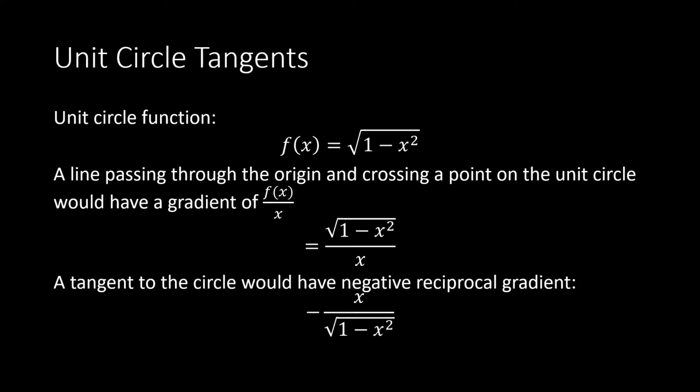So you know that on the unit circle, any point on the unit circle, the amount it's going up is this value, and the amount every time it goes horizontally 1 unit.